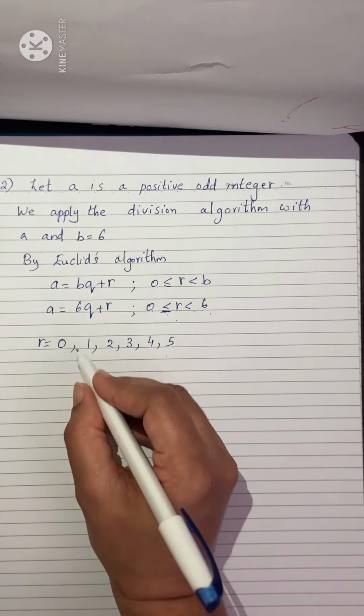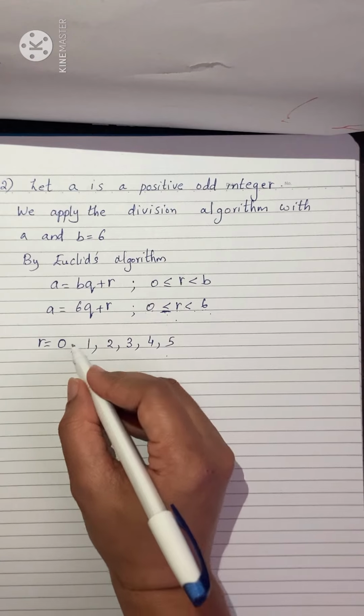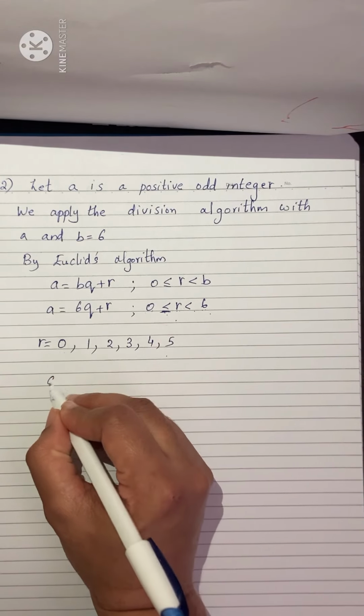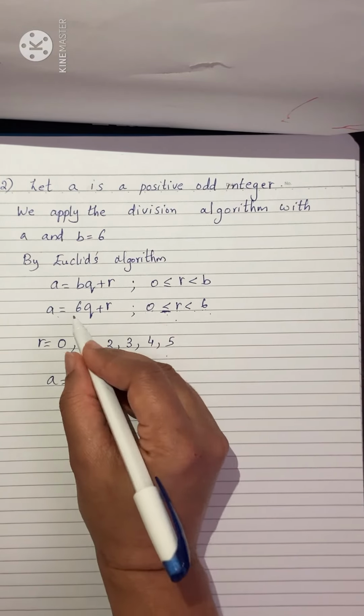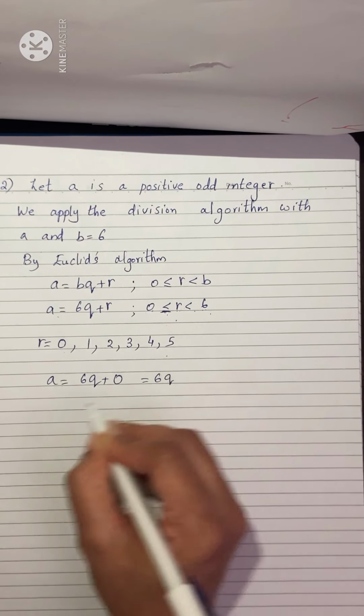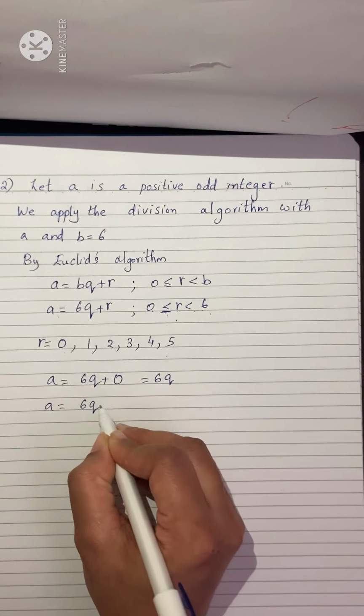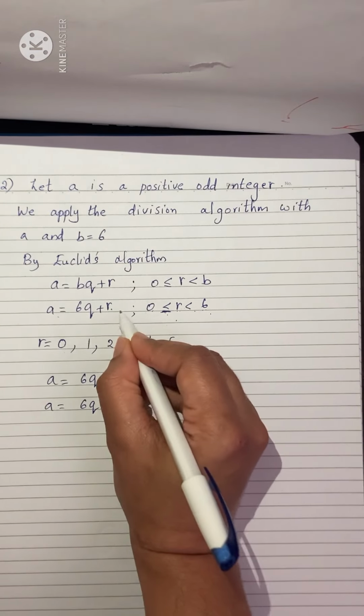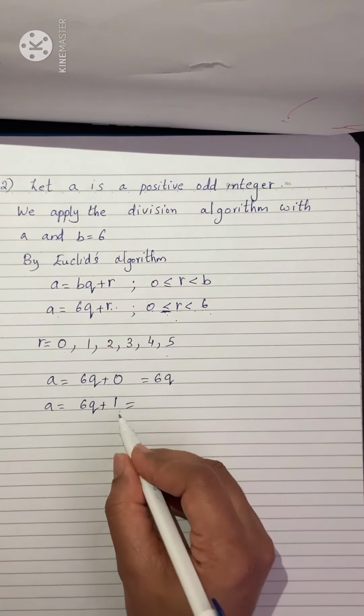Now we have to put the values of r in this equation. So a equals 6q plus 0, which is equal to 6q. A equals 6q plus 1. In this equation we are substituting.